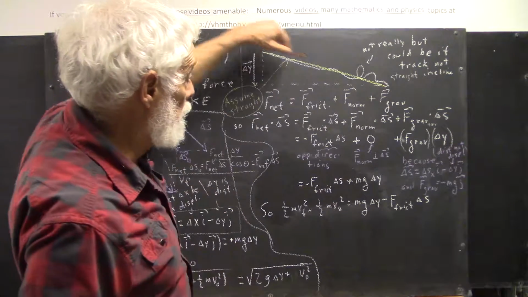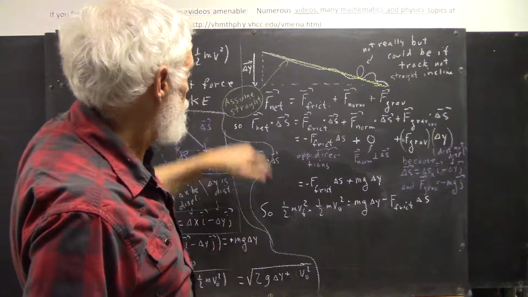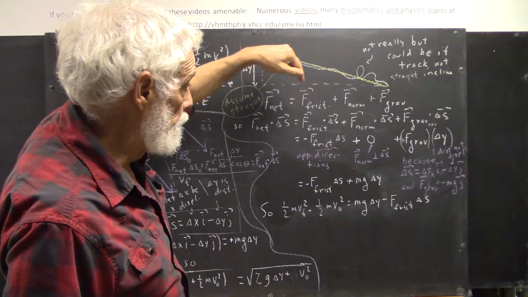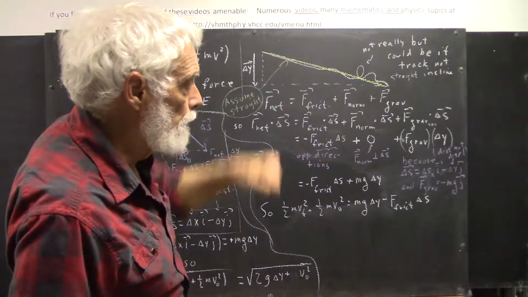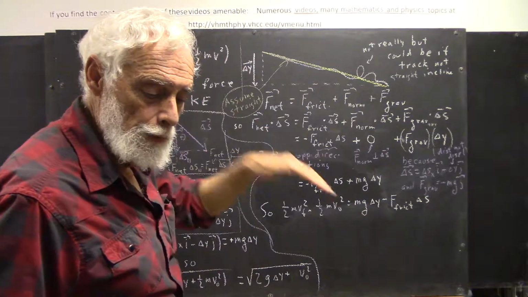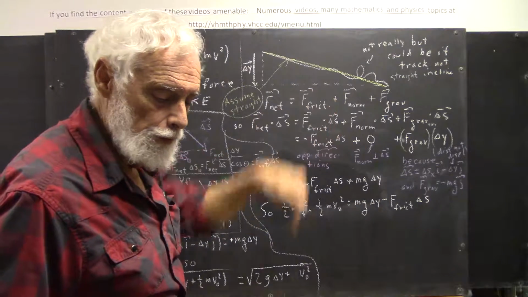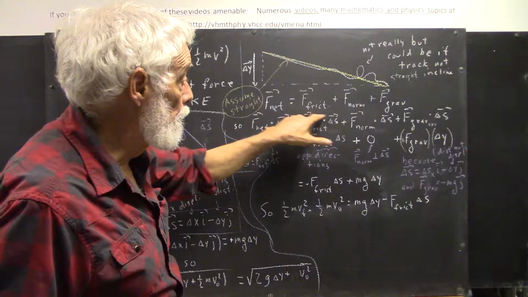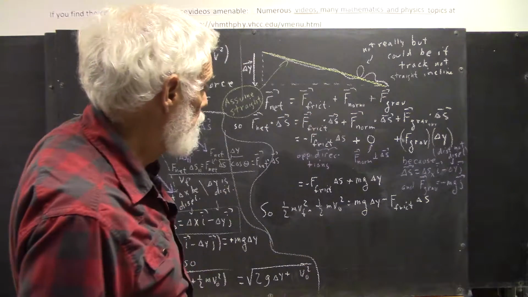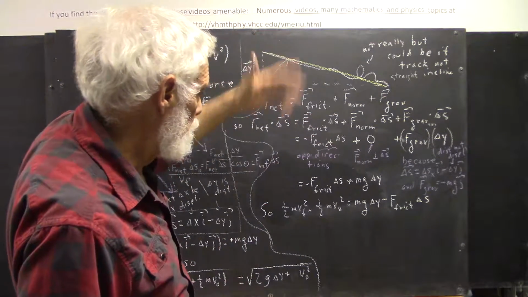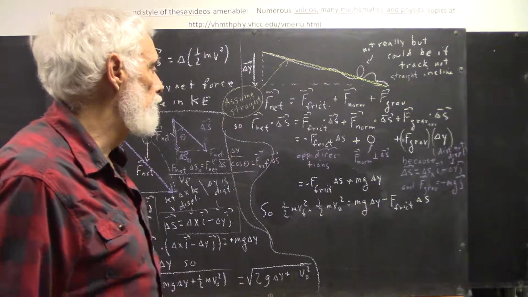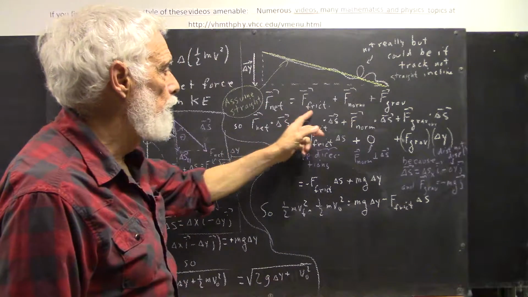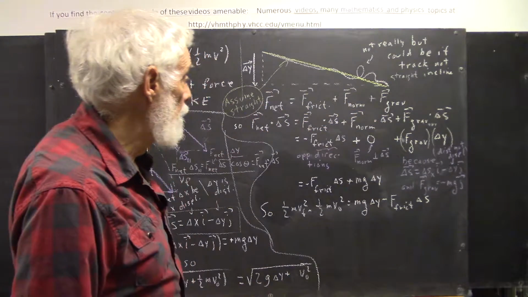So we have a straight line from here to here, and we have a net force that consists of three forces. You have an object rolling down an incline, obviously you have gravity, and obviously you have a normal force. And there's also a frictional force. So there's our net force. These are all vectors.